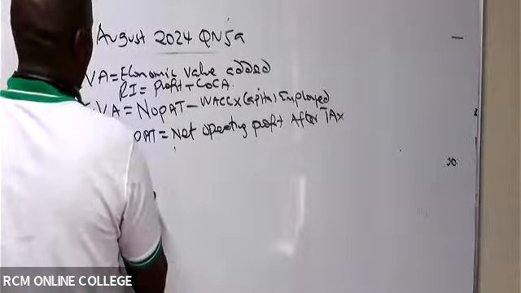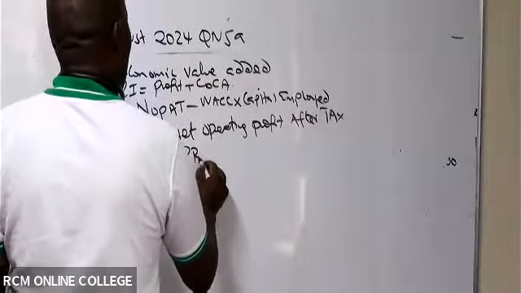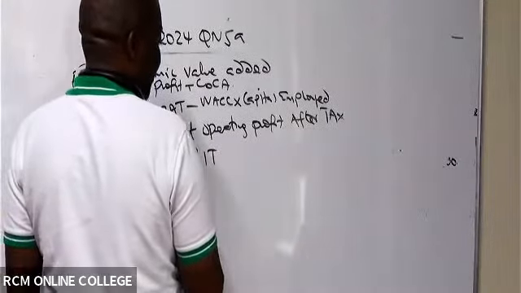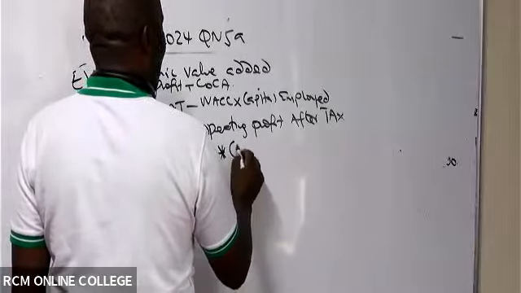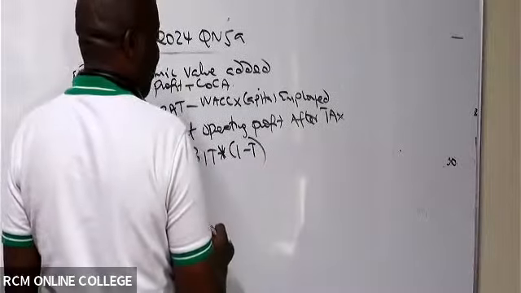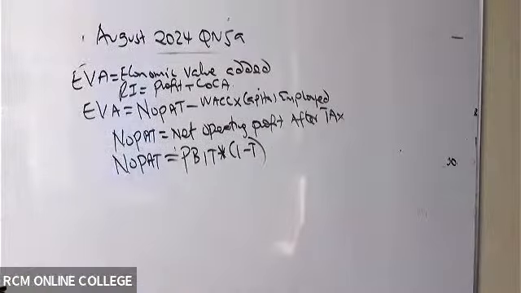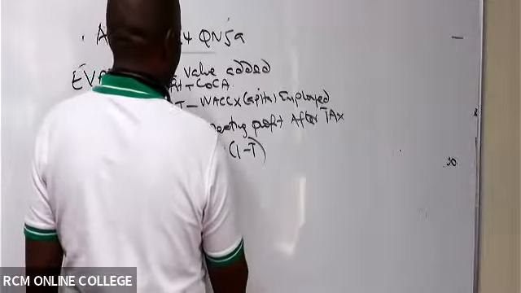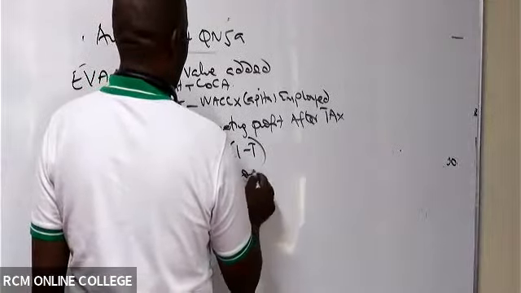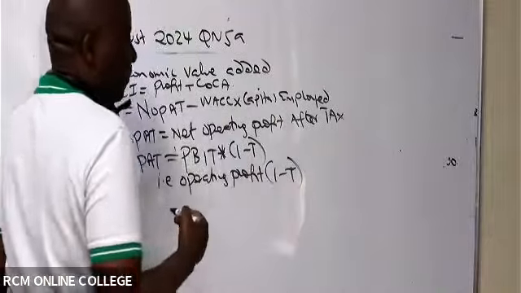Because it's operating profit, you take the operating profit, PBIT, times 1 minus tax. That is NOPAT. Anytime they want us to get NOPAT, you take the operating profit times 1 minus tax.